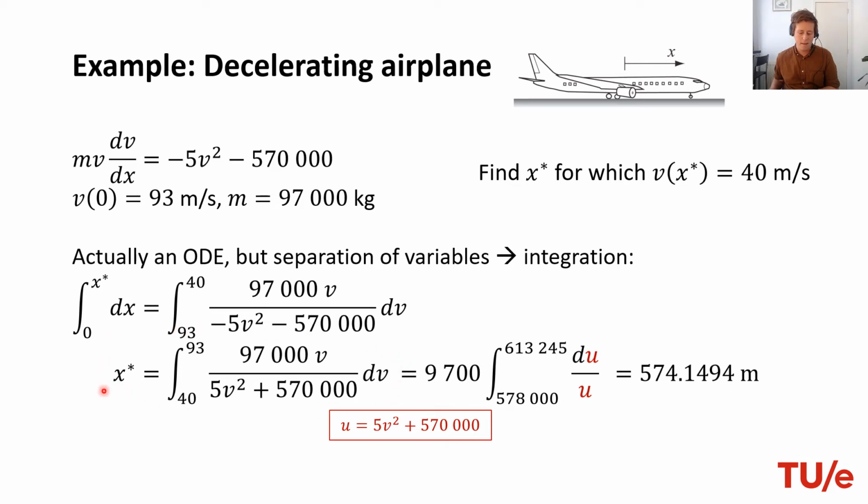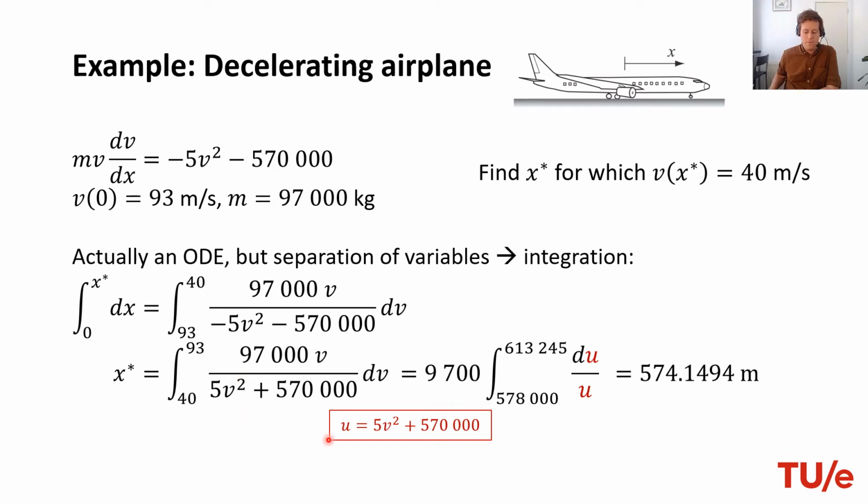But the main thing here is that this problem boils down to finding the numerical value of this integral. So this function, f of v, this fraction, we want to integrate from v is equal to 40 to v is equal to 93. We can actually do this by hand.